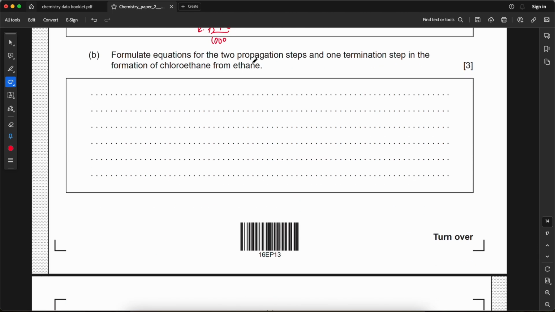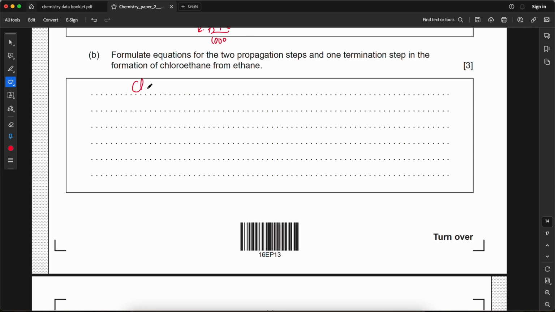Formulate equations for the 2 propagation steps and 1 termination step in the formation of chloroethane from ethane. Okay, so propagation involves continuation of reaction producing reactive species that can further react, involving the formation of reactive intermediates which continue the chain reaction by reacting with other reactant. So it's producing the reactive intermediate.